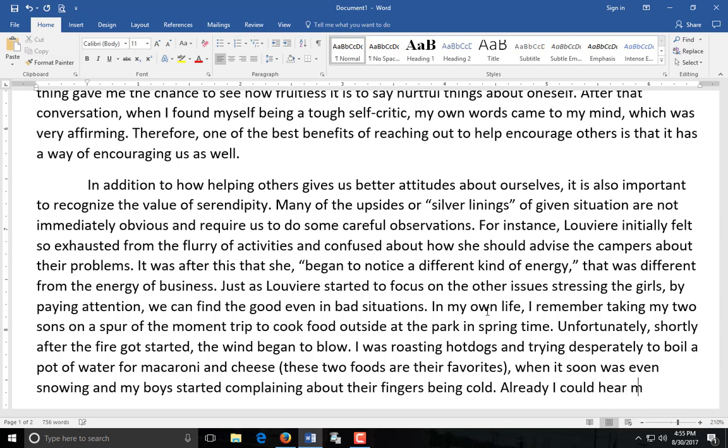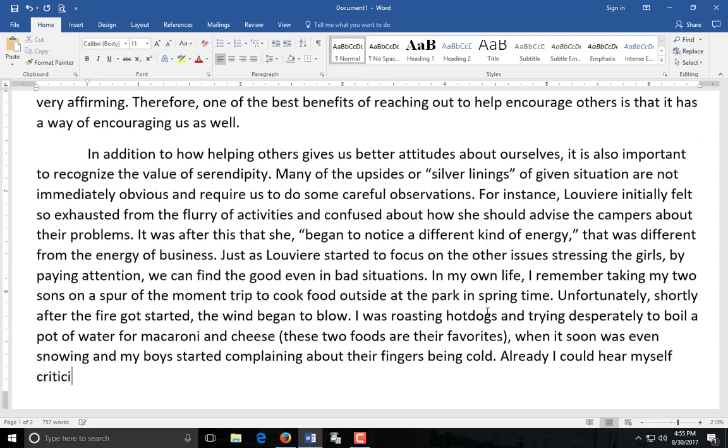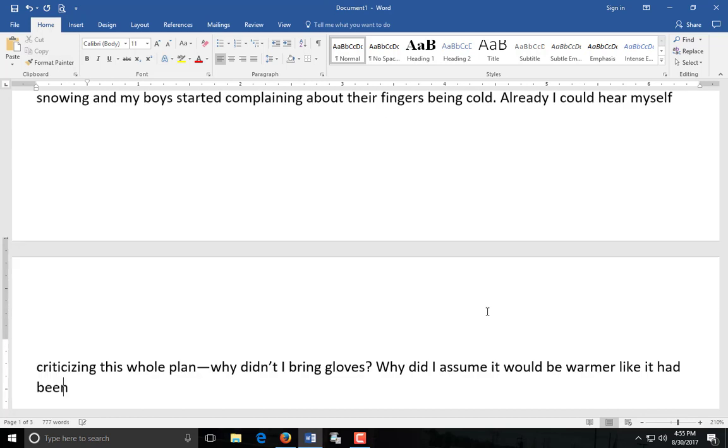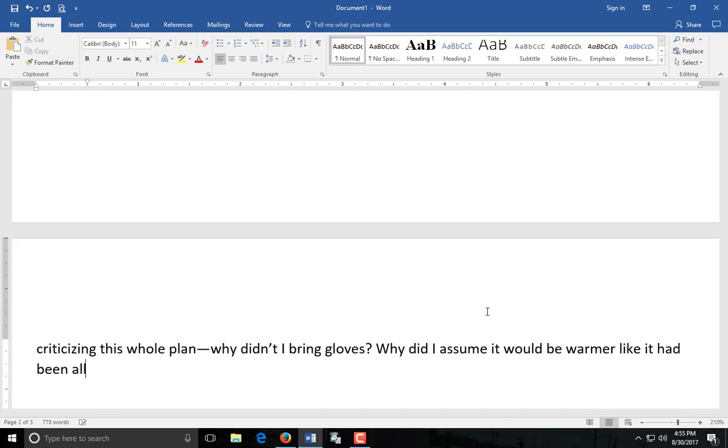I could hear myself criticizing this whole plan. Why didn't I bring gloves? Why did I assume it would be warmer? Had been on the previous days.